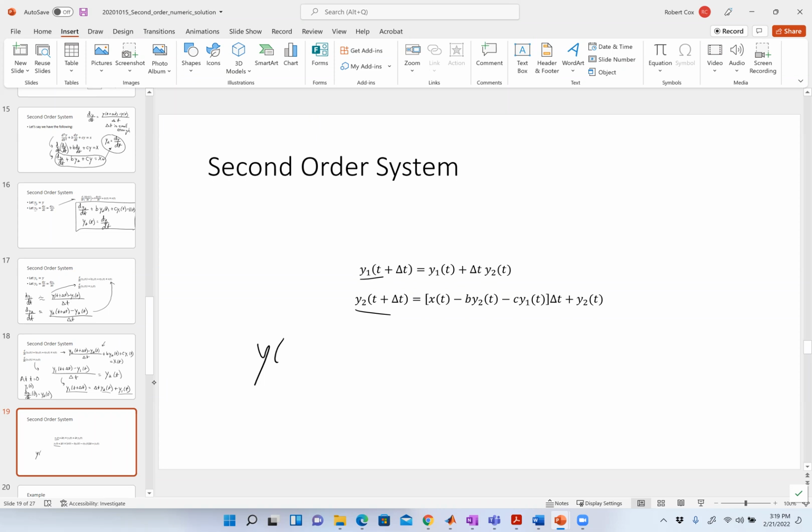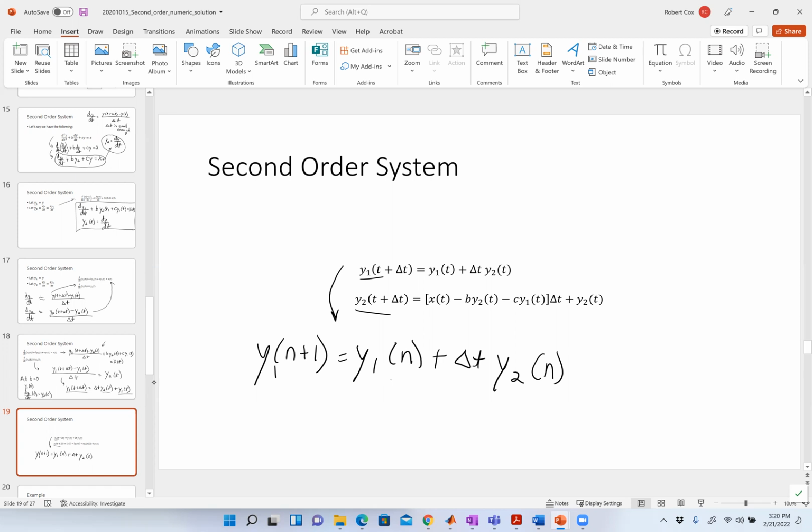Y of n plus 1, meaning at the next time step, y of n plus 1 is equal to y1 of n plus delta t times y2 of n. Meaning the next value is equal to some function of the current values.